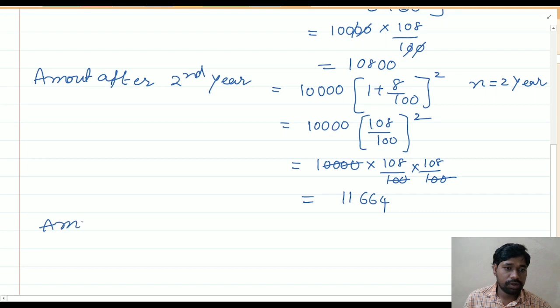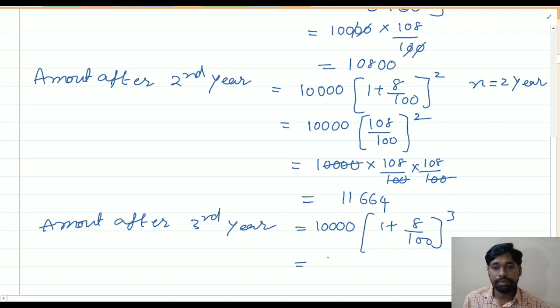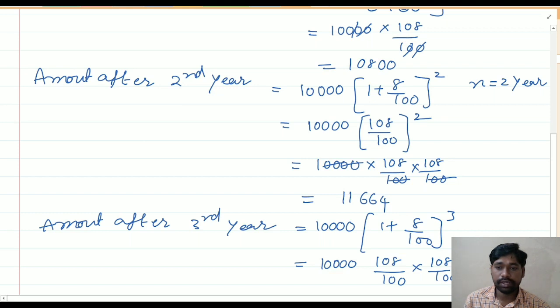Amount after third year. So that is 10,000 of 1 plus 8 by 100 whole power 3. Similarly, as in the previous process, it is 10,000 of 108 cube now. I will write 3 times in a single step: 108 by 100 into 108 by 100.